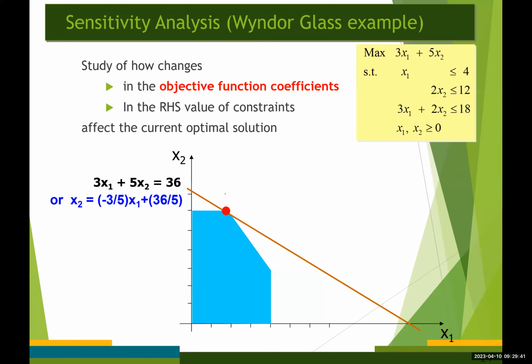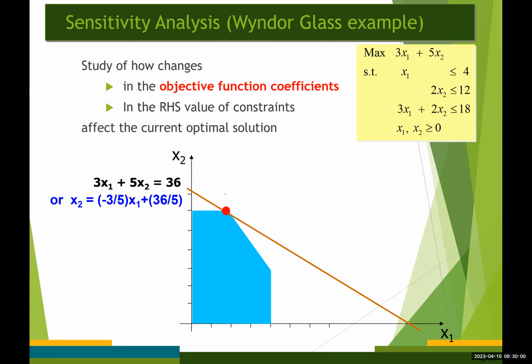In other words, we'd like to know the effect of a change in the slope of the objective function line on the current optimal solution.